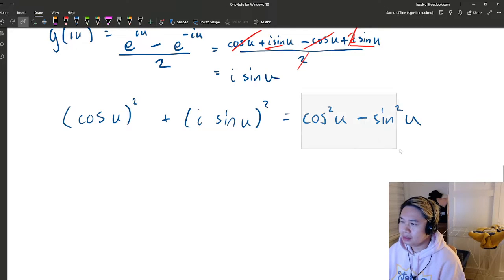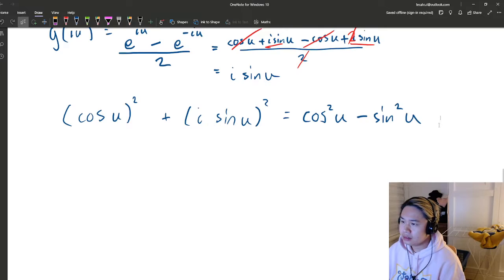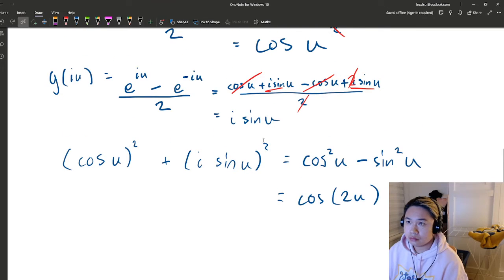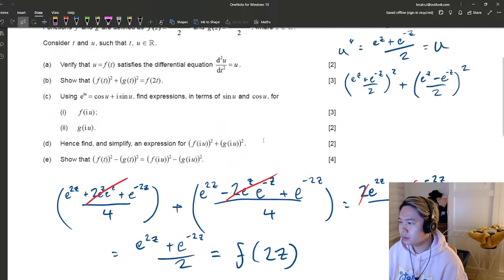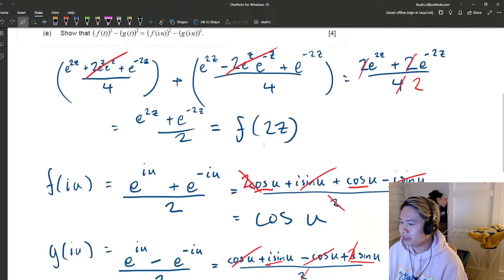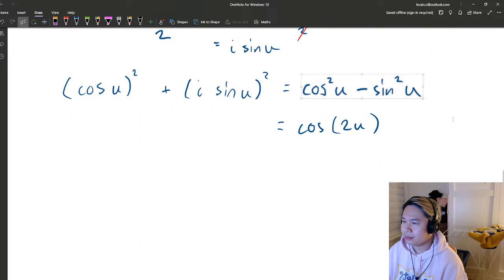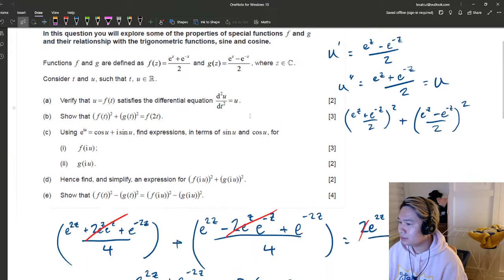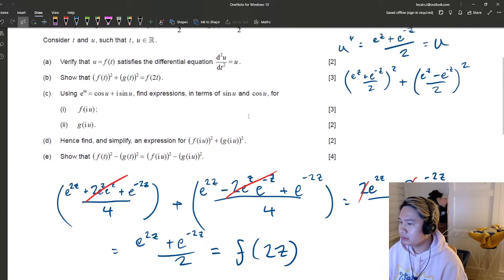And then do they want you to keep simplifying this? Because this is a double angle identity, I think. So this is cosine 2u, I think. I don't know. You guys have a formula book. If not, then you can stop right here. But if it is an identity, which I'm pretty sure it is, and I'm pretty sure it's this one, but yeah, I don't want to pull out my formula book. Okay, sure.